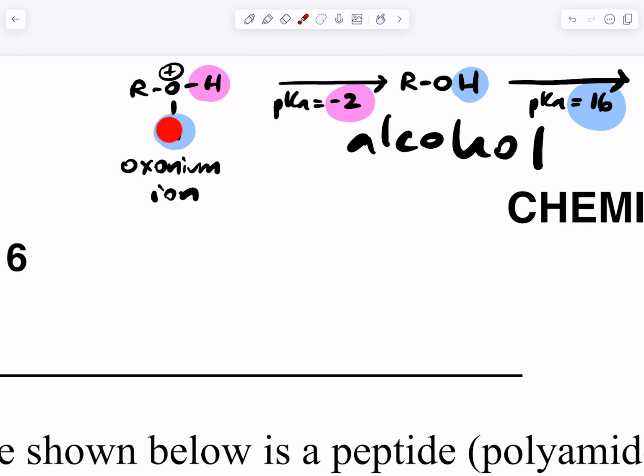You could figure out that number. It would actually be called a pKb, where b is for base. But instead, we always focus on the pKa. In other words, this -2 is for how easy it is for this oxonium ion to lose a proton. If pH were lower than -2, the oxonium ion would dominate.